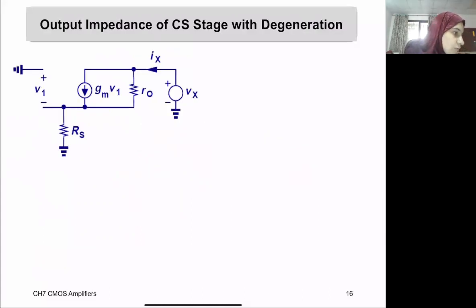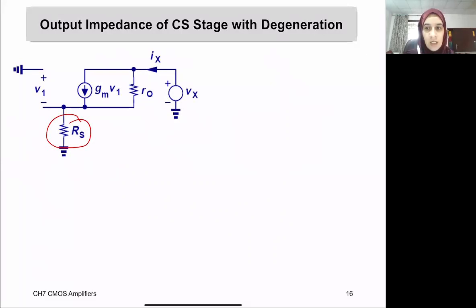Now if I want to find the output impedance in the case when I have a common source with degeneration. Remember, if there was no degeneration, the output impedance looking from the drain side would be just Rout. But now, since there is an Rs, things are going to change.